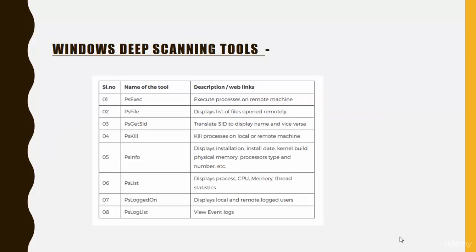These are the Windows deep scanning tools which you can download from the internet to get more information about Windows: PsExec, PsFile, PsGetSid, PsKill to kill processes, PsList to list processes, PsLoggedOn to display local and remote logged on users, PsLogList to view event logs. So these are some Windows deep scanning tools.